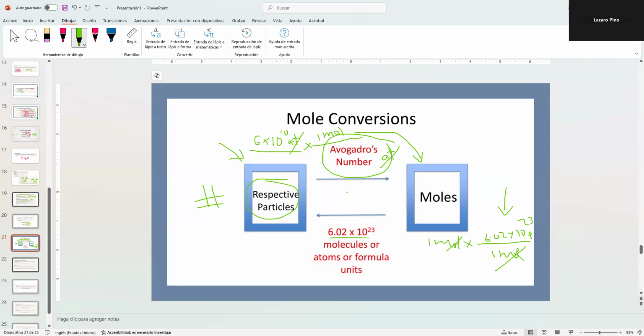Then we can use the Avogadro's number to go from number of particles to moles, or from moles to particles. Stop the video, take note, and try to do the following examples.